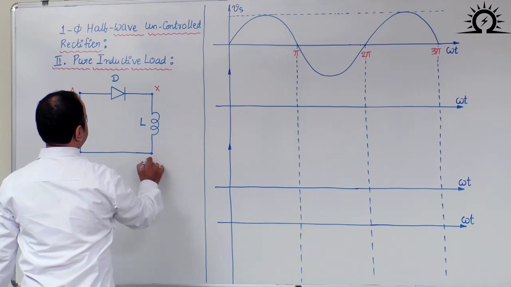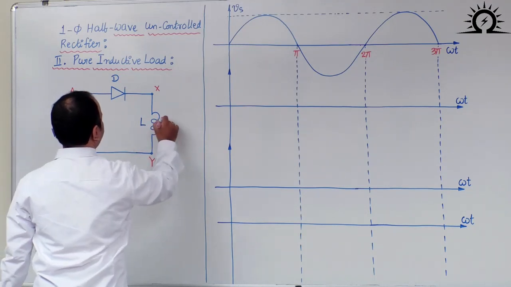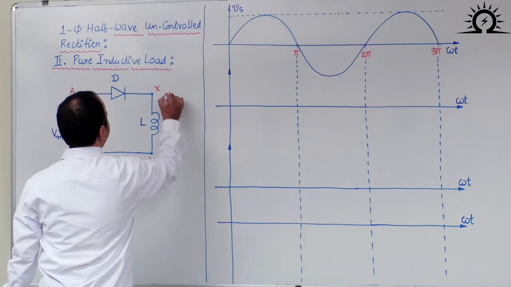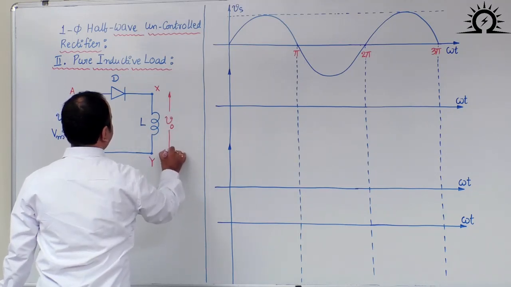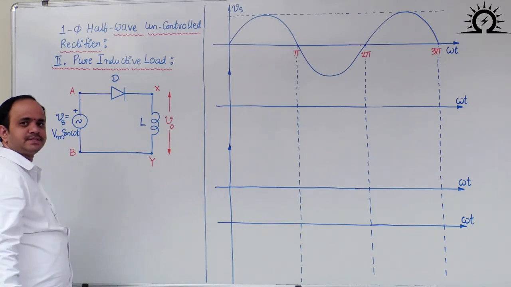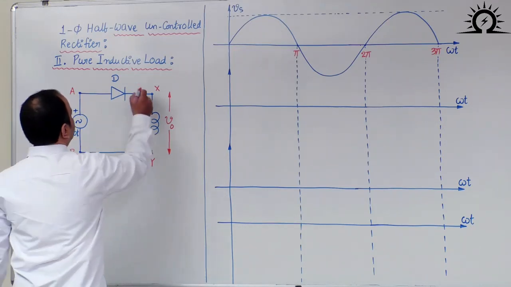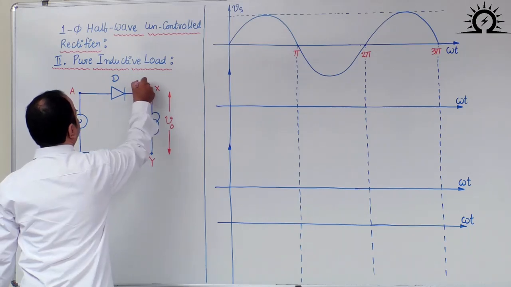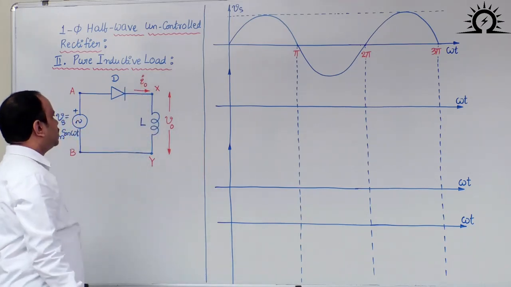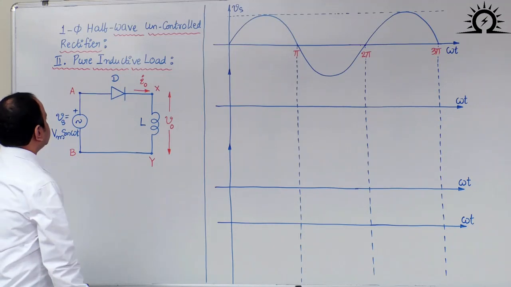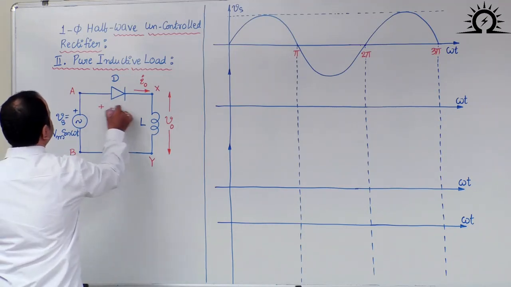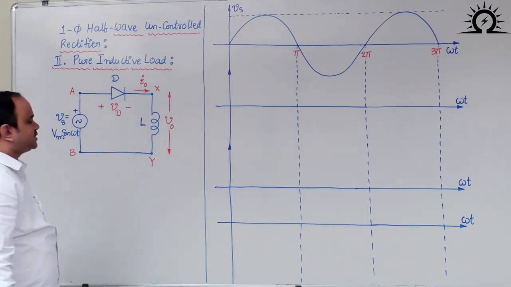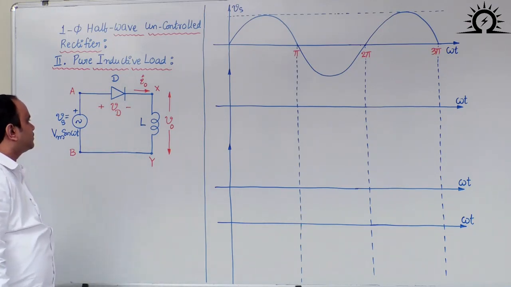Load side, the terminal names are X and Y. Output voltage is measured between the terminals X and Y. Load is pure inductor and the load current is denoted with the symbol I0. Voltage across this diode can be represented with the symbol Vd.